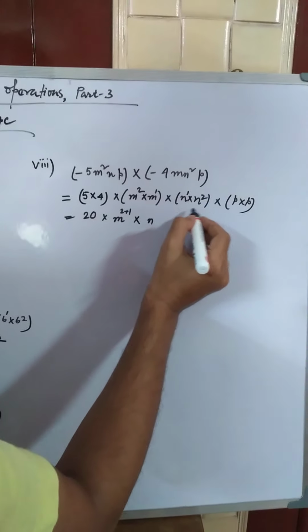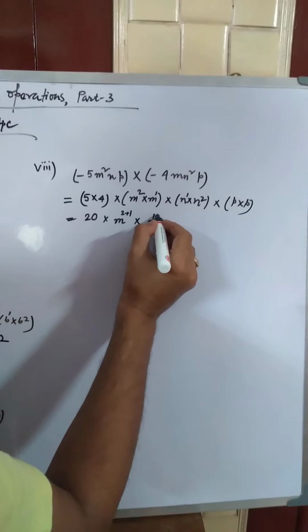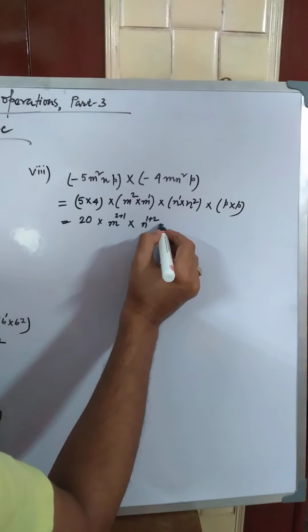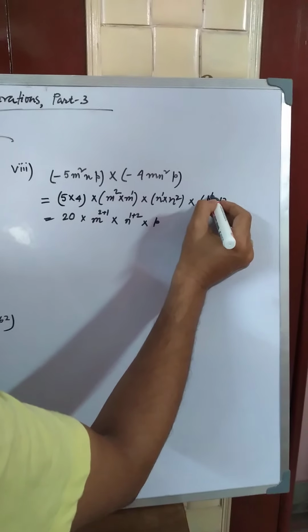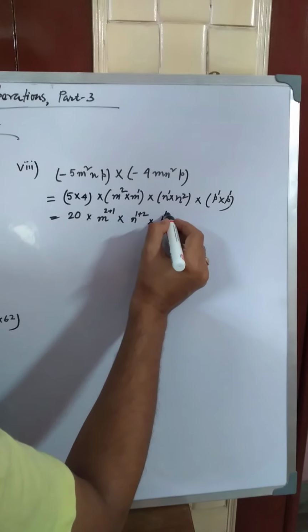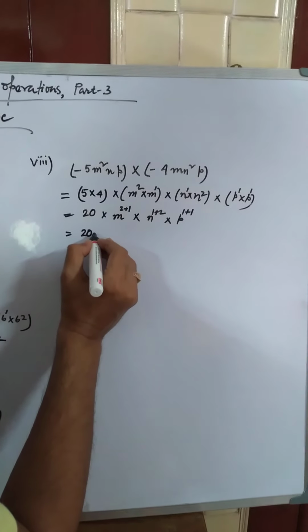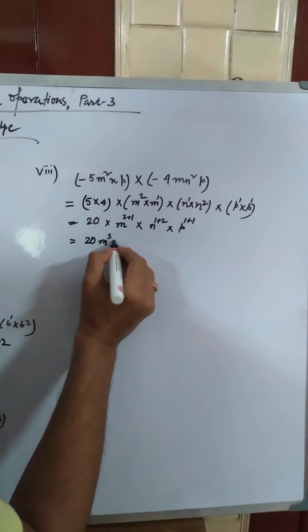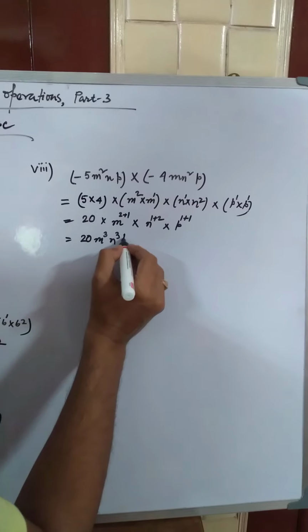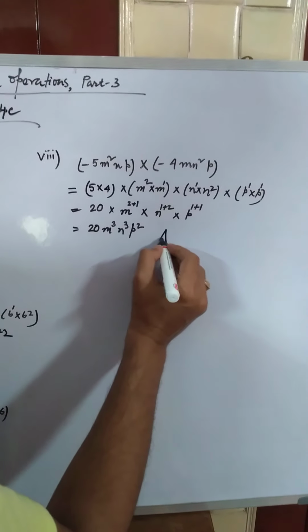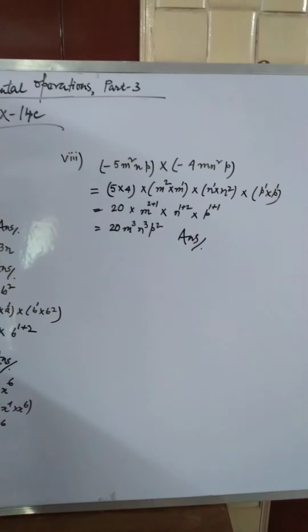N to the power 1 into n to the power 2, base is same, n to the power 1 plus 2. And here p to the power 1 into p to the power 1, so p to the power 1 plus 1. So 20 m to the power 3, n to the power 3, p to the power 2. Here it is the product.